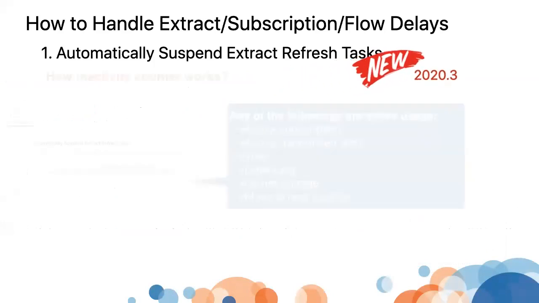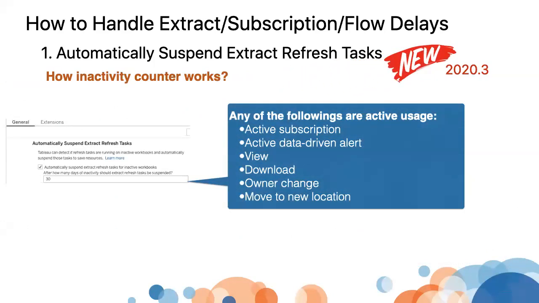Now, the next question you should ask is, which kinds of activities are considered active usage? It's very hard to read from the documentation, but I read it, and I also confirmed with the PM.